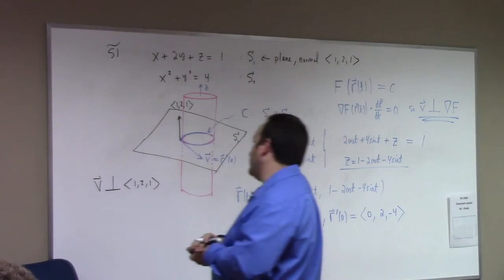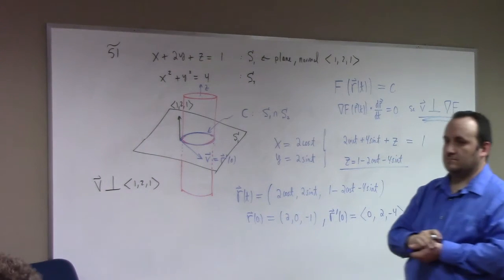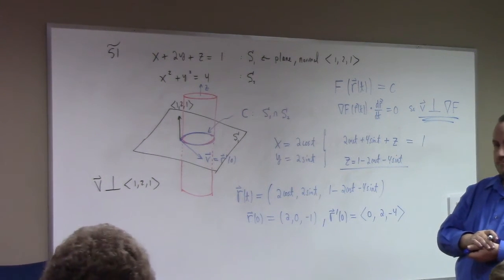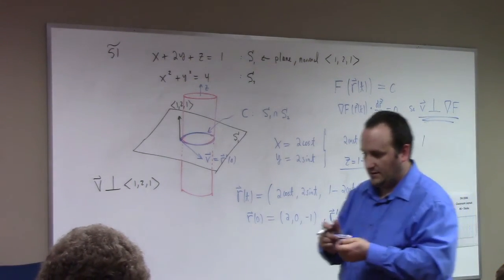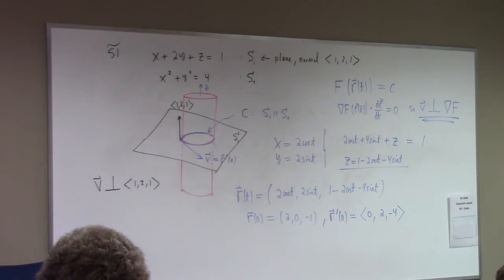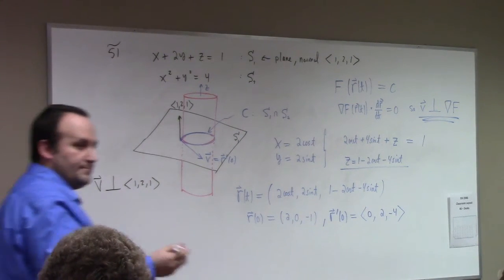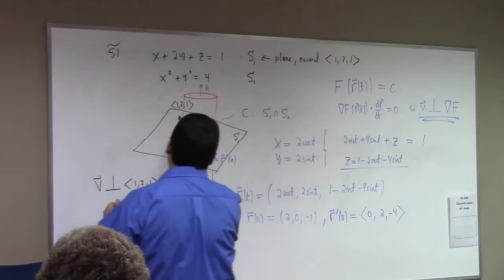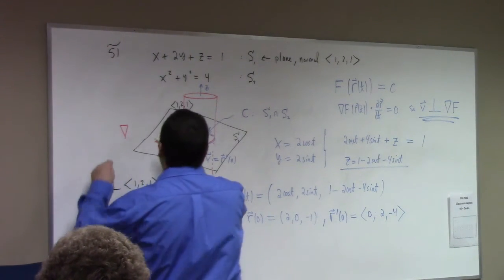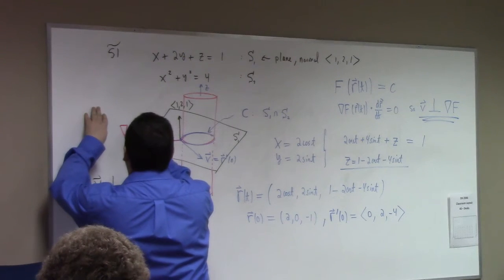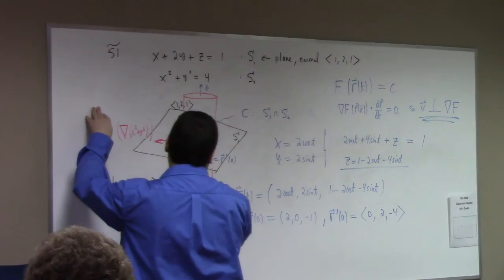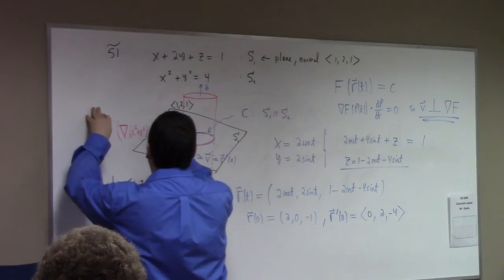And what else should we have? It should also be perpendicular to what else? The gradient of the cylinder function, right? Which would look like what here? It points in the outward normal direction to the cylinder, right? So that would be the gradient of x squared plus y squared at the point 2, 0, minus 1, right?